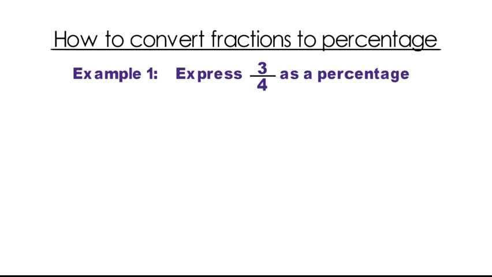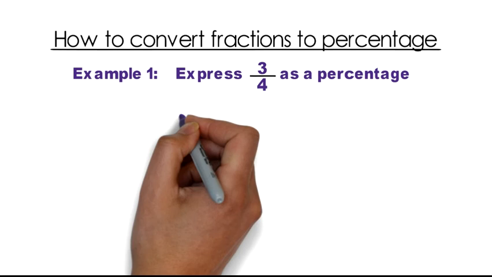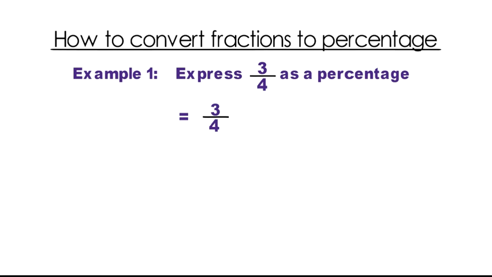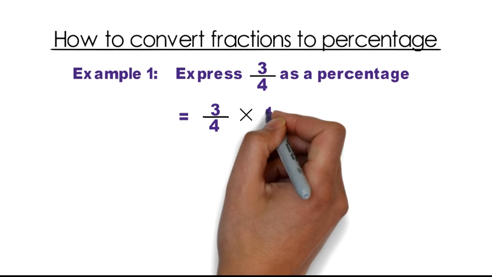To express fraction to percentage, we will multiply the fraction by 100. So, to solve this question, we need to multiply the fraction 3/4 by 100. So, this is equal to 3/4 times 100.